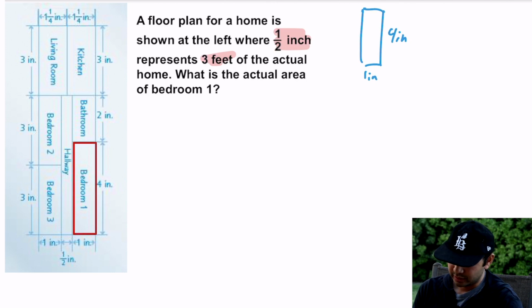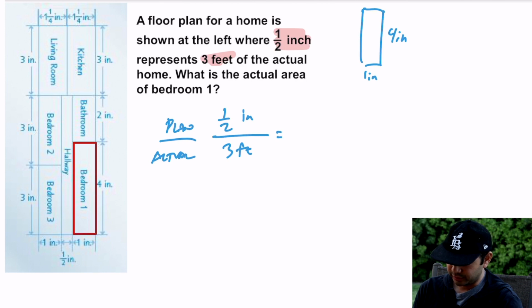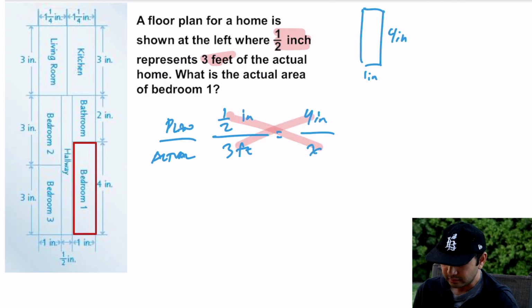Okay, so I'm going to worry about how long it is first. 4 inches. So right here, we're going to use the scale. So 1/2 inch, so I'll use a fraction, over 3 feet. So this is the plan over actual. So on the plan, it's 4 inches there. And how many feet is it? So we're going to do some cross multiplying here. Okay, so 1/2 times x, so 1/2 x equals 4 times 3 is 12.